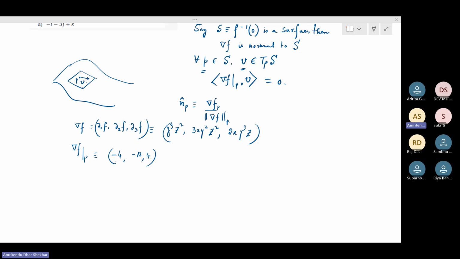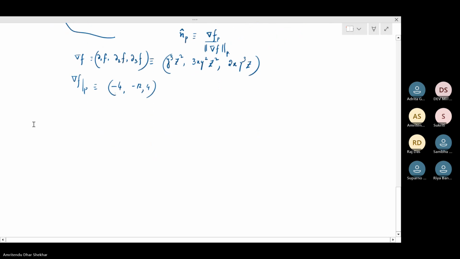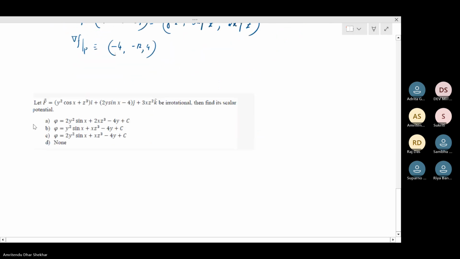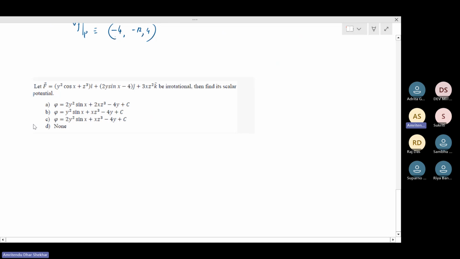Okay, so before proceeding, let me just state one result. So you are given a vector field, and it is said that this vector field is irrotational.